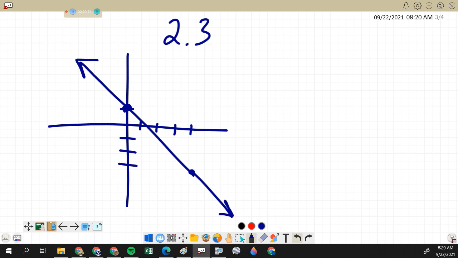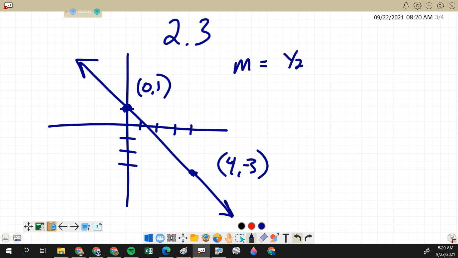So this point is (0, 1), and this point is (4, -3). And the slope formula is y2 minus y1 over x2 minus x1. Which is point 1 and which is point 2? It doesn't matter.